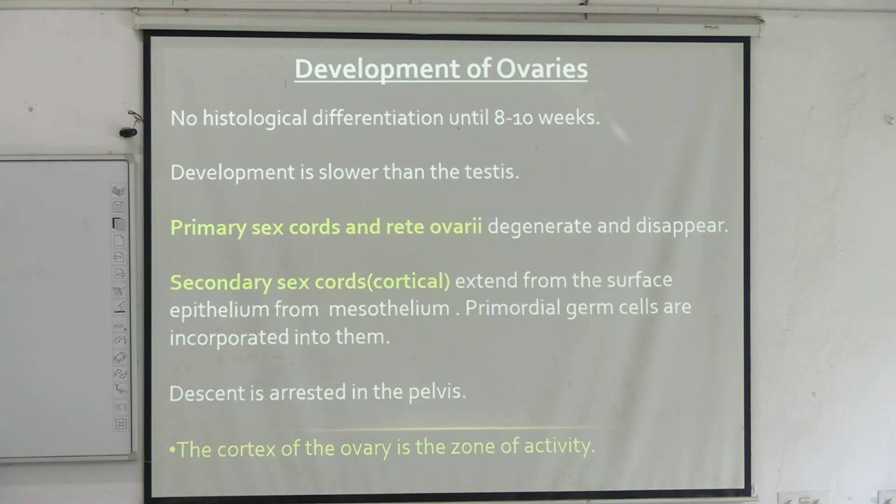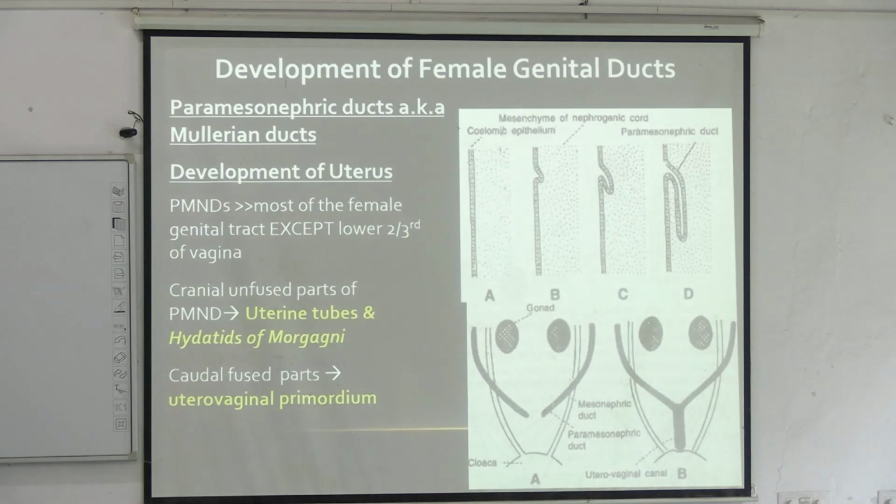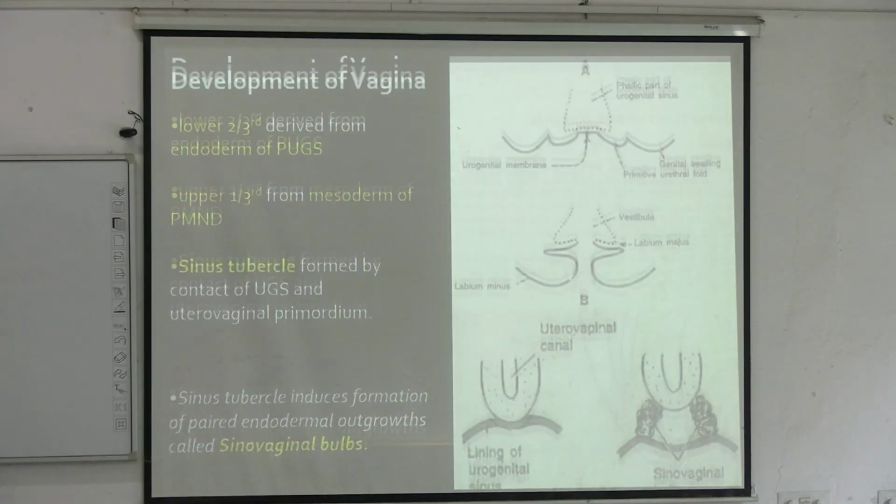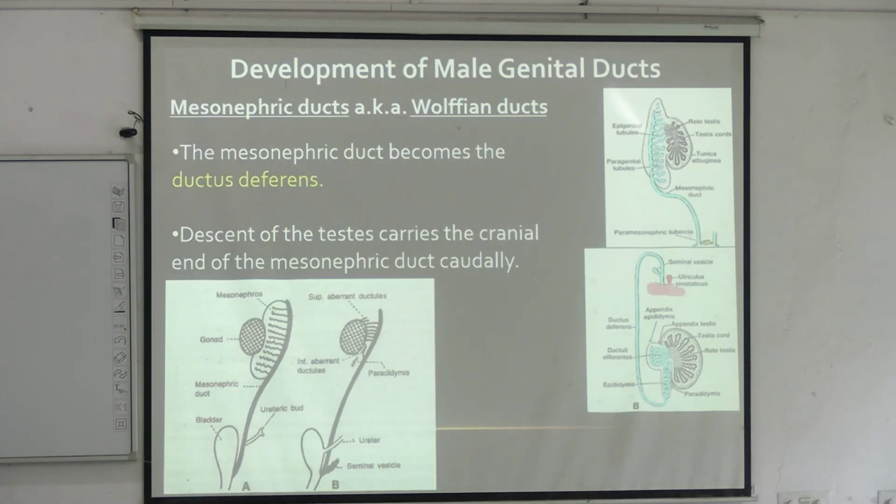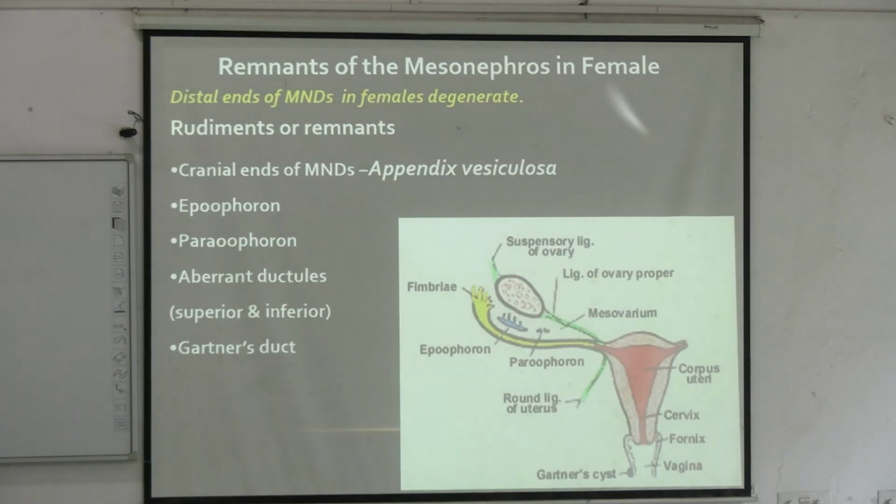So, in the female, the descent of the ovary is interrupted by these two parts. The gubernaculum is split into two parts: the ligament of the ovary, known as the ovarian ligament, and the rest of the gubernaculum becomes the round ligament of the uterus.